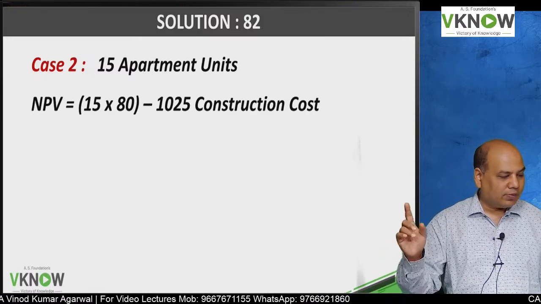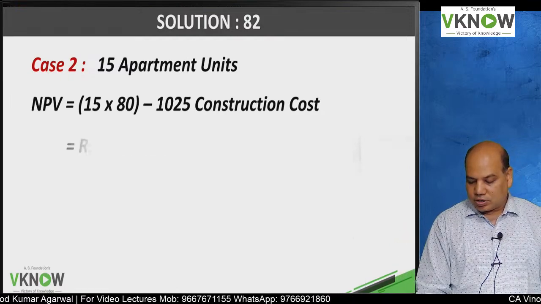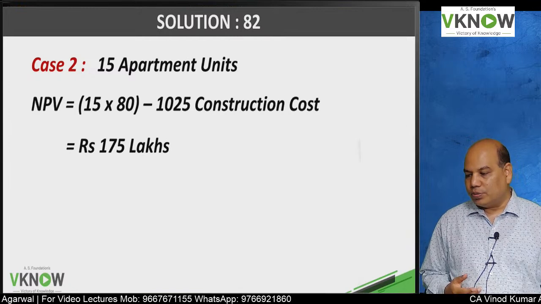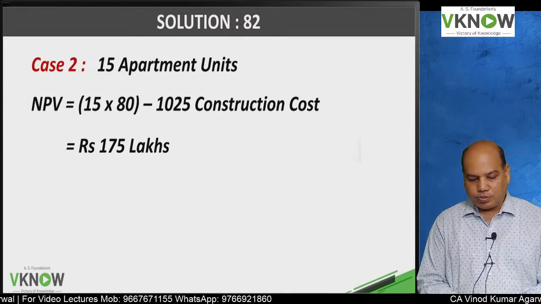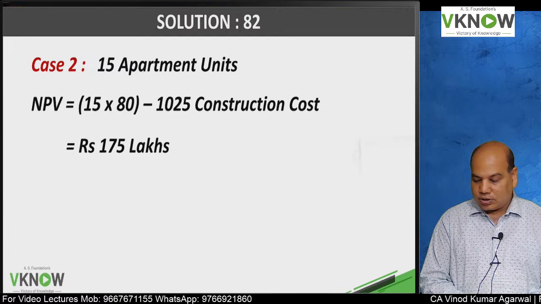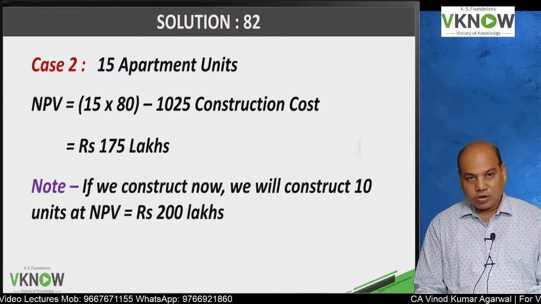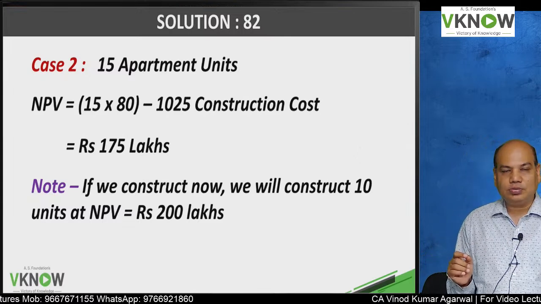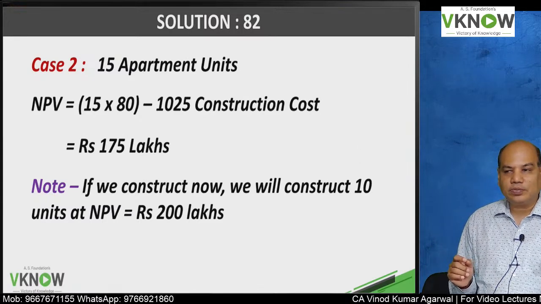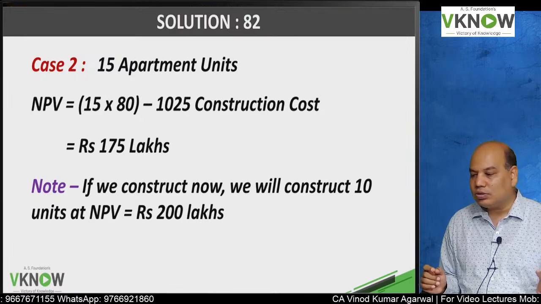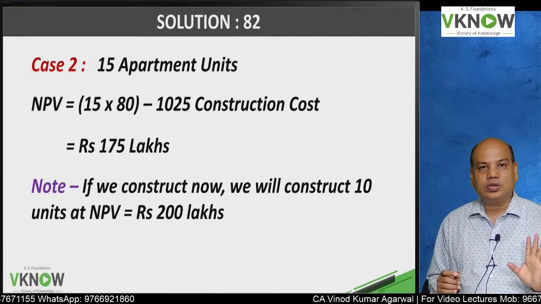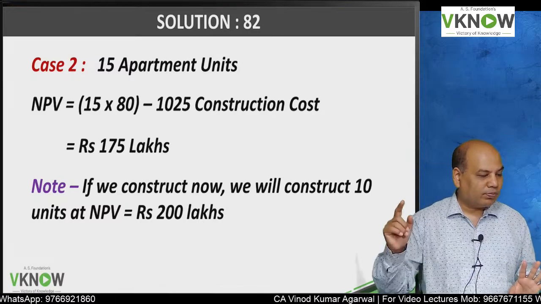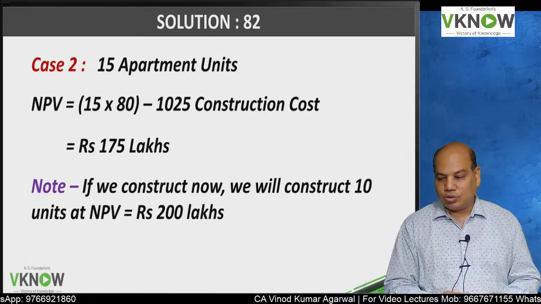Don't bother, what they have given is right, because construction cost may increase if the number of floors go up. It doesn't change in the same proportion. So this time the answer is 175 lakh. So in case you want to construct now, you have to lock numbers one by one. If I want to construct now, I will construct 10 units, because my NPV is 200 lakh, which is more than 175 lakh. Write down note.